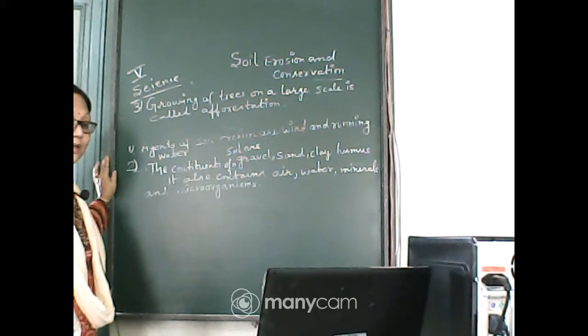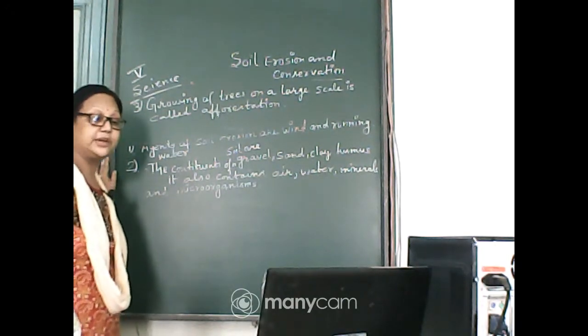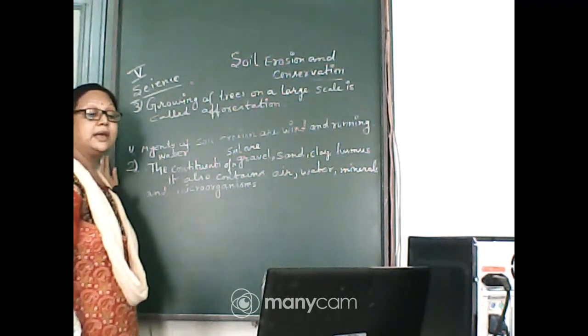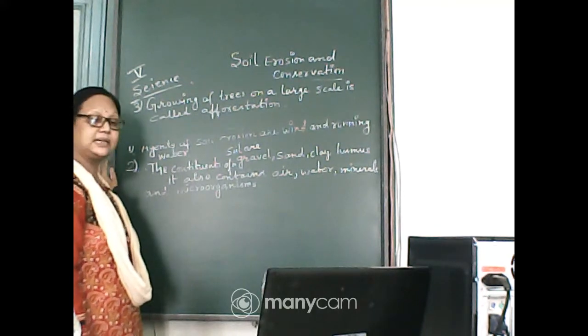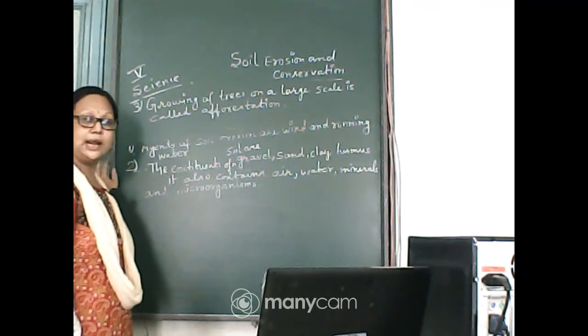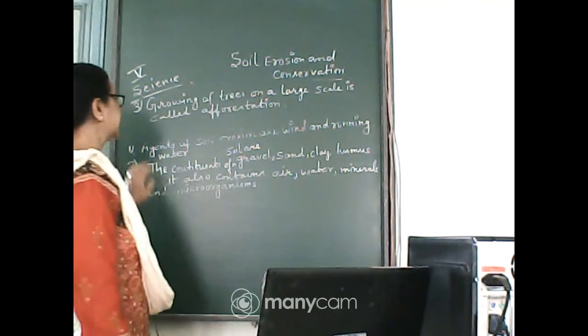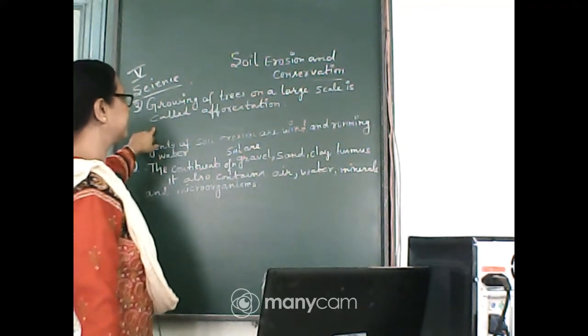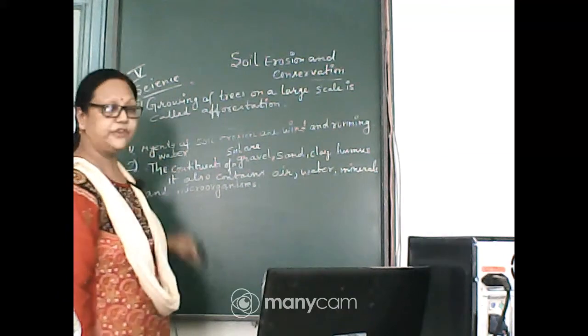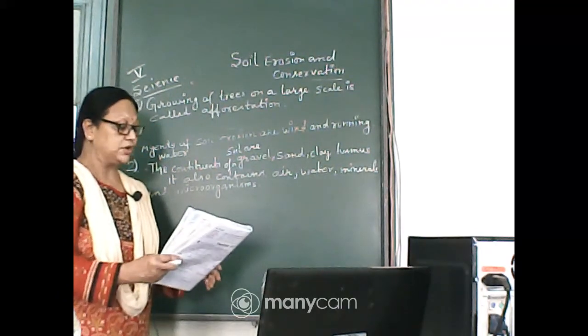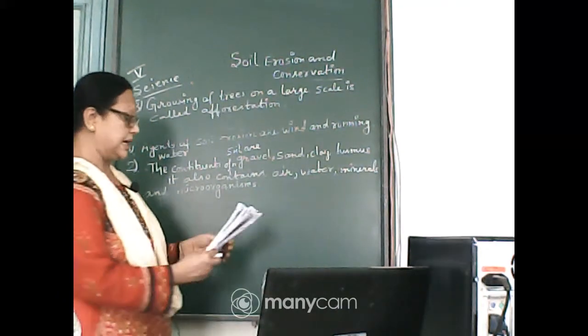These are not constituents, they are contained. But what are the constituents? Constituents are actually gravel, sand, clay and humus. Now the next answer: growing of trees on a large scale is called afforestation. Now the next question, name the uppermost layer of the soil.